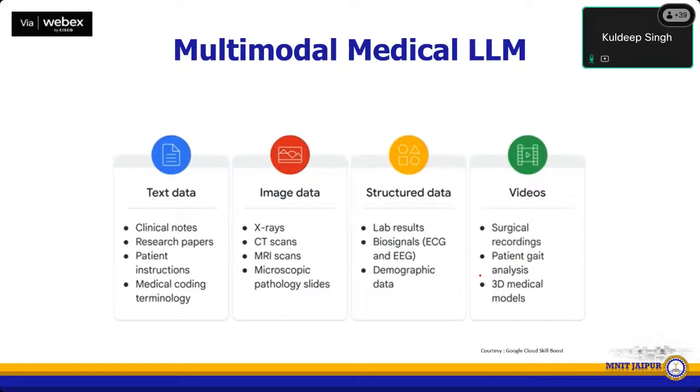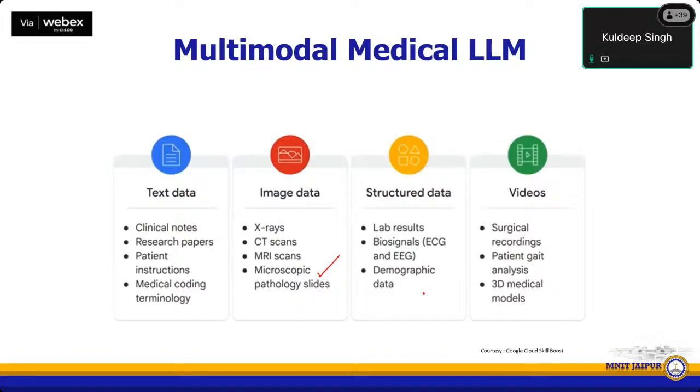These LLMs can be of multimodal type. That means not only can they handle text data, they can handle multimodal types of data. Coming to the text data, they can handle clinical notes, research papers, patient instructions, medical coding terminology. Coming to image data, we have already talked about different types of medical data, even covering microscopic pathology slides.